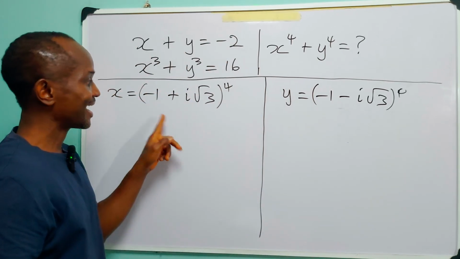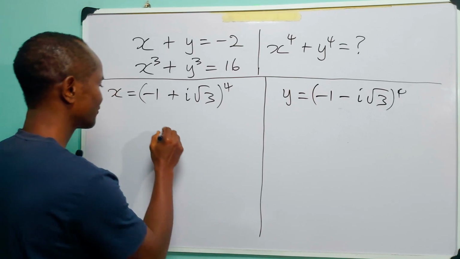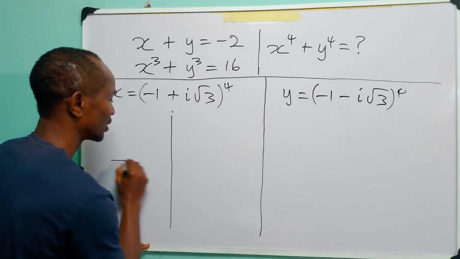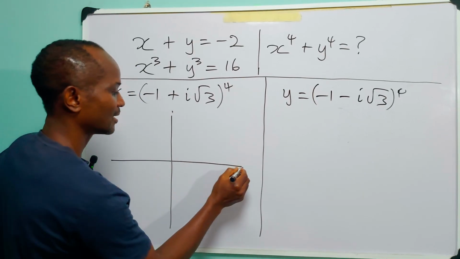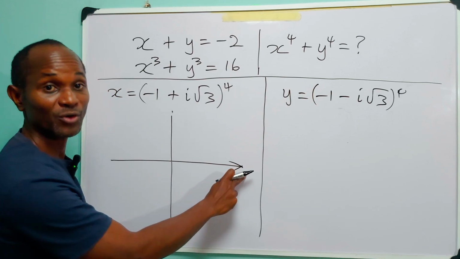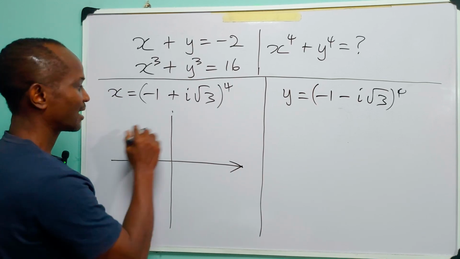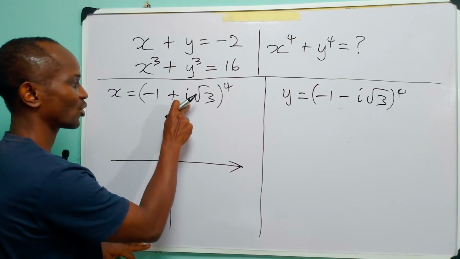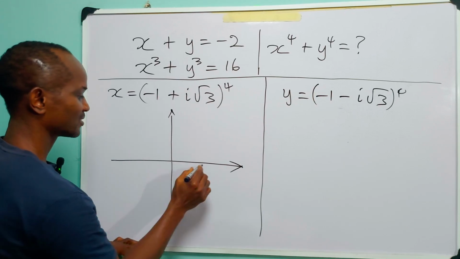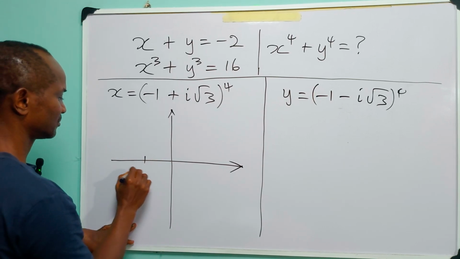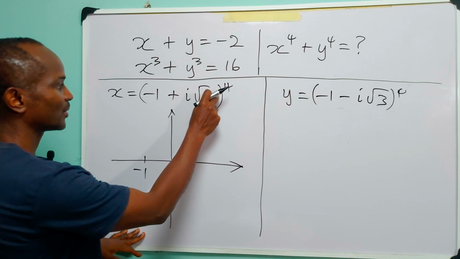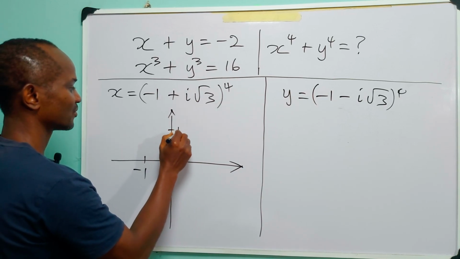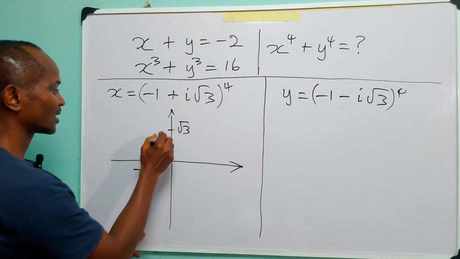So to change x to its polar form, we have to represent x on the complex plane. Now, this is the axis for the real number and this is the axis for the imaginary number. So here we have minus 1, and here we have root 3.